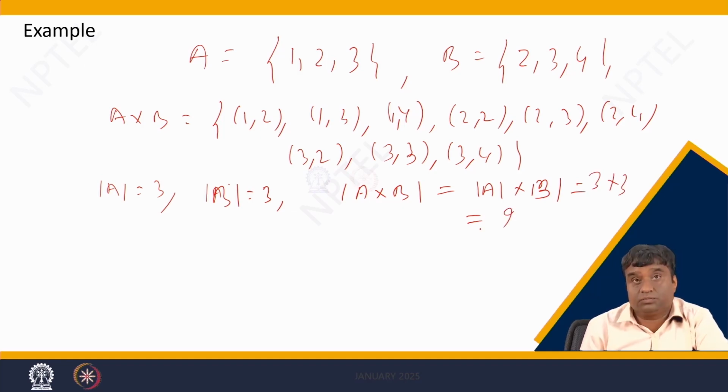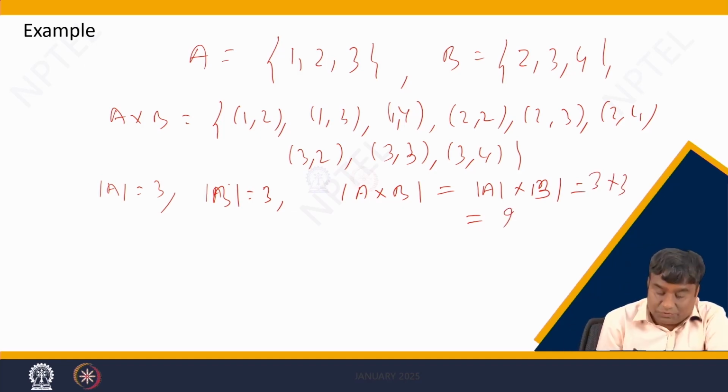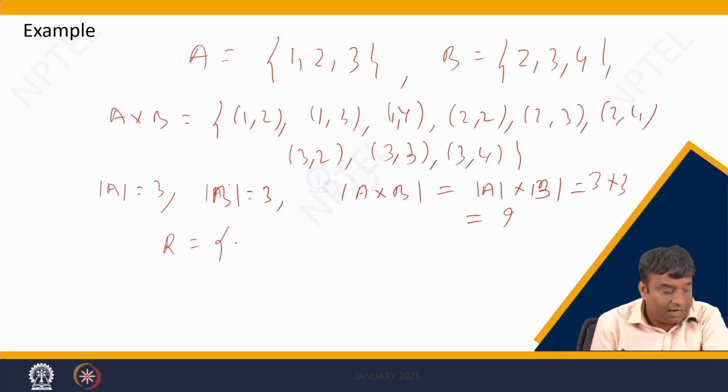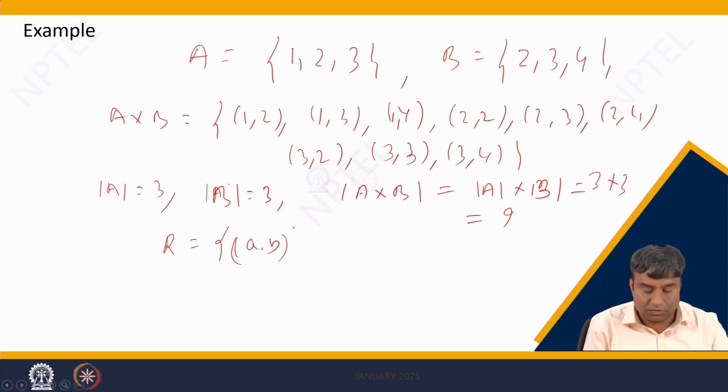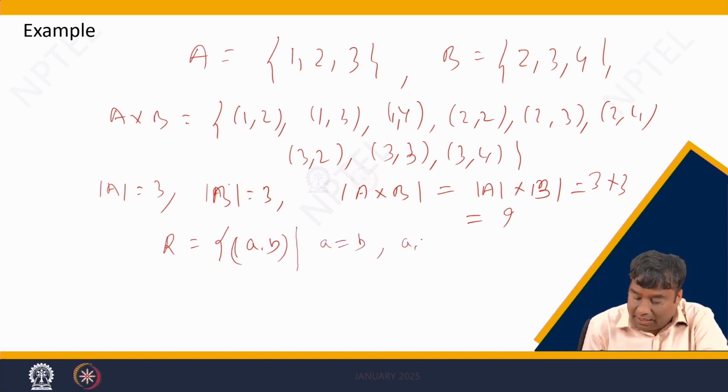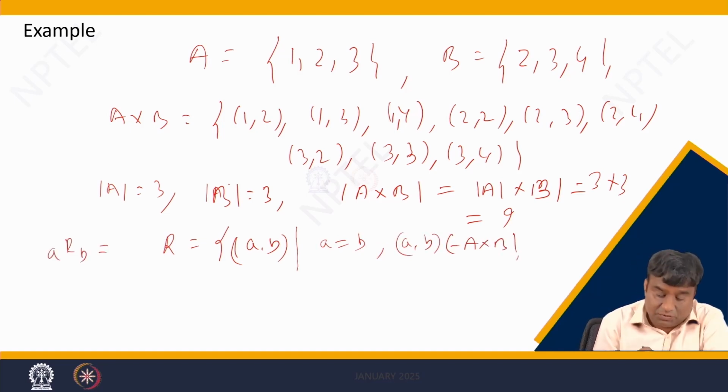So let relation R be equal to R(a, b), where a equals b and (a, b) belongs to A cross B. So a is related to b in the relation R if a equals b.